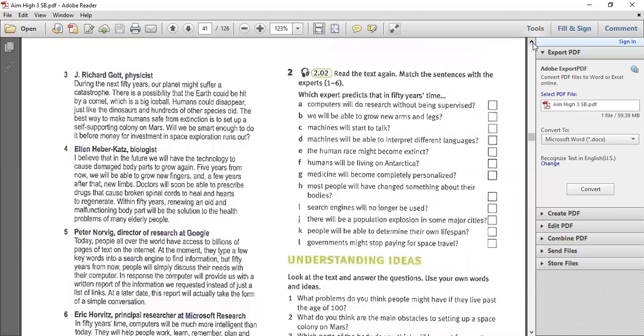Okay. Question number 2 on page 41. Read the text again. Match the sentence with the experts, 1 to 6. I will write number 1, number 2, number 3, number 4 until number 6. A, computers will do research without being supervised. What number is the topic that talks about this?